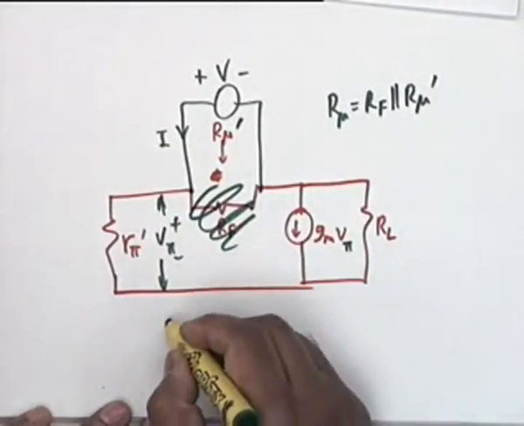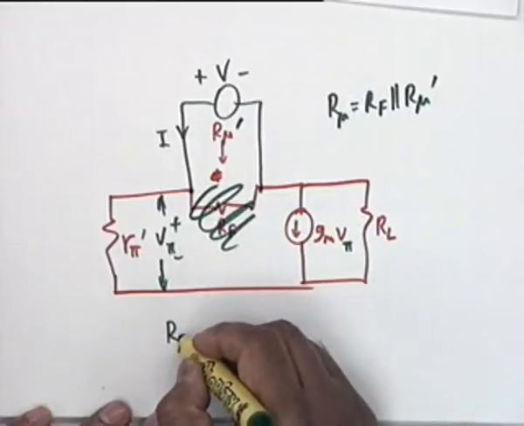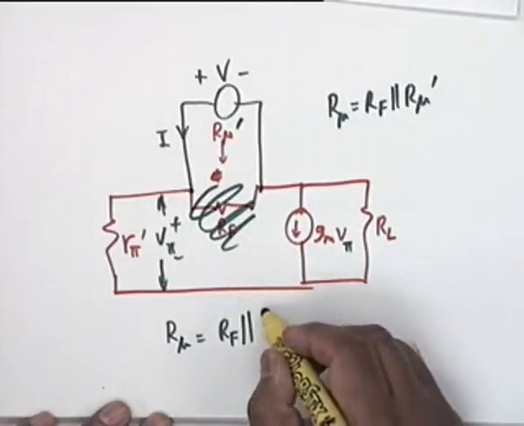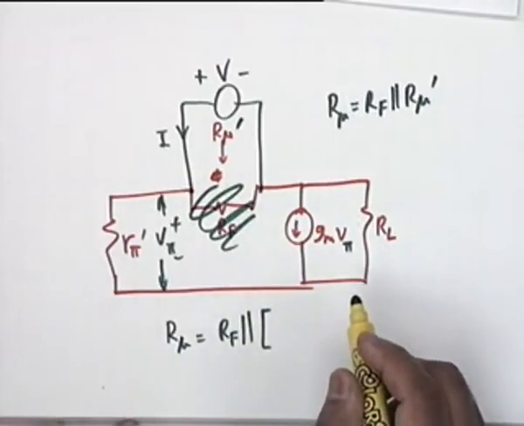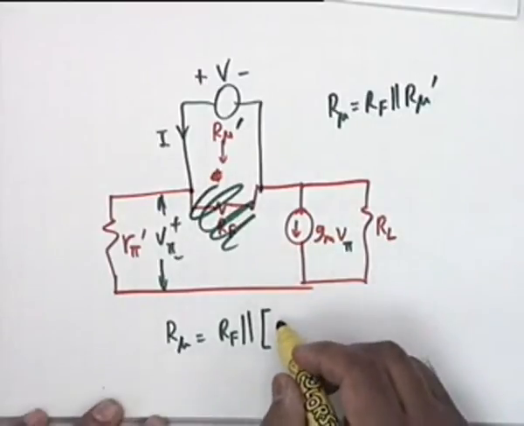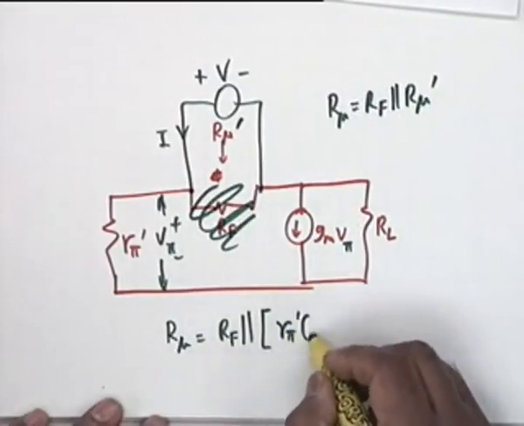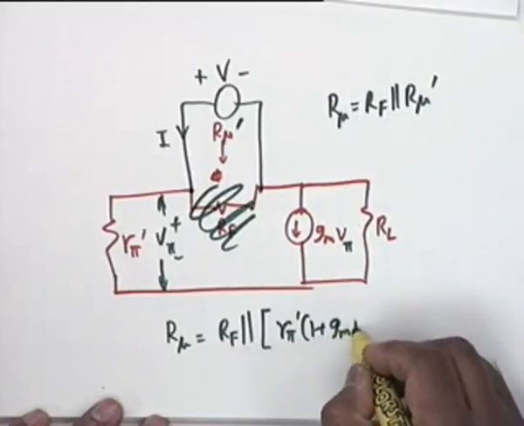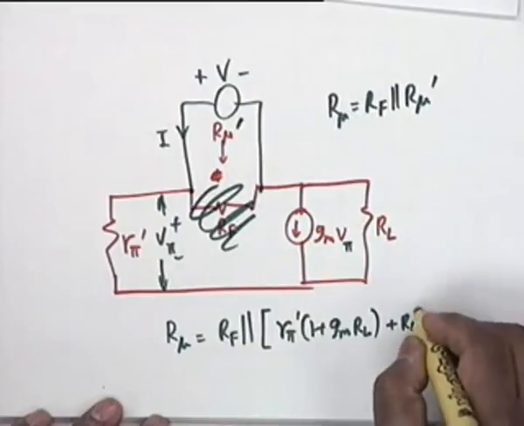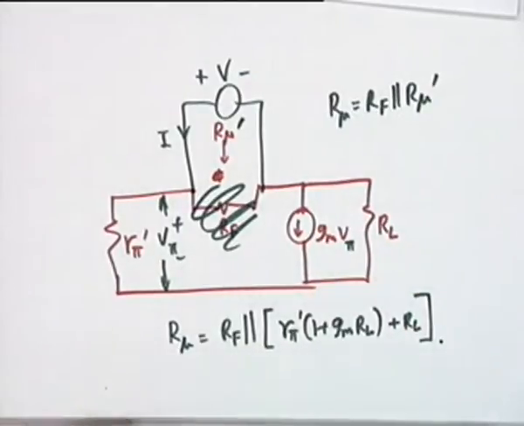The result is R mu is RF parallel R pi prime 1 plus GMRL, multiplied, plus RL. This is what the result is.